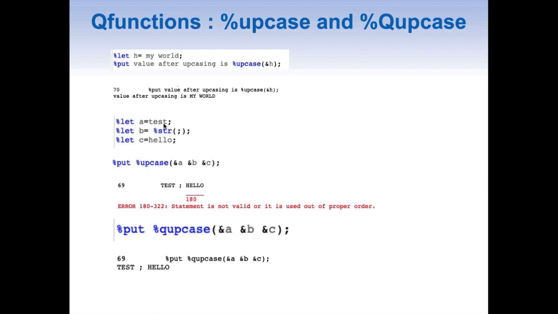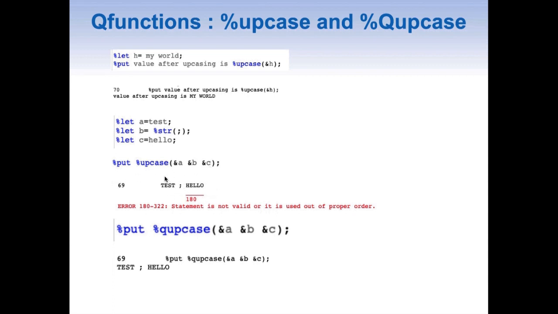So this %str helps to treat this semicolon as text. Now let's get into our %upcase. In here I am doing %upcase on three macro variables together at one time. I am saying %upcase, and in the parentheses I have &a, &b, and &c.